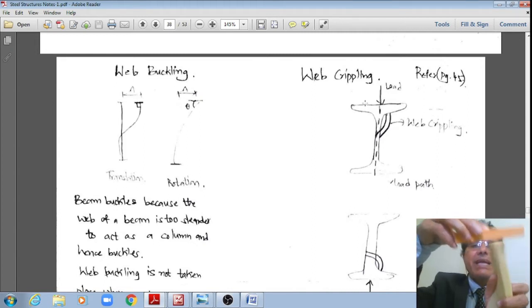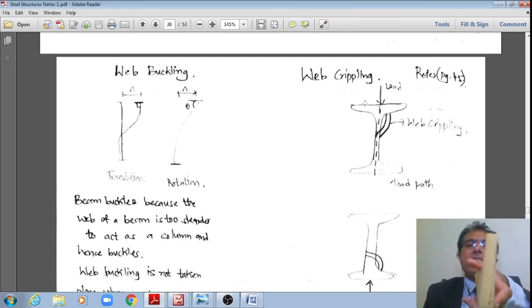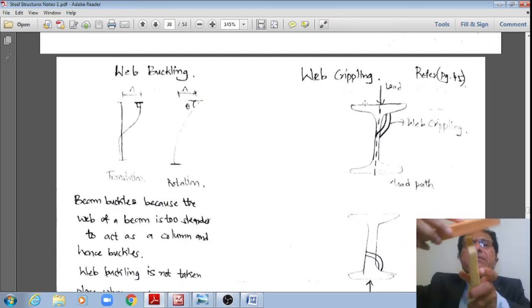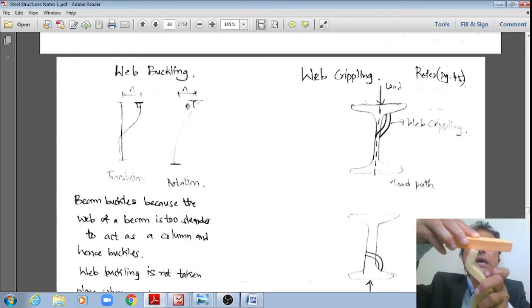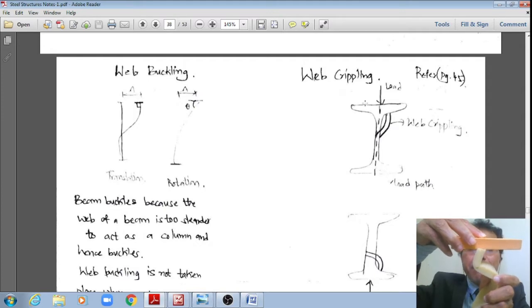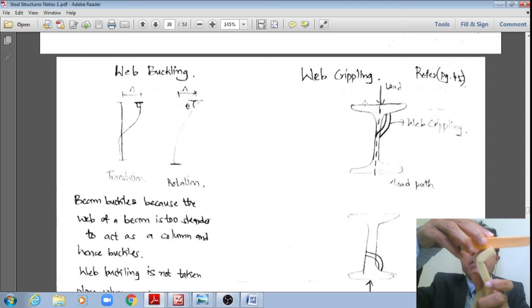Now the bearing area of the web at the intersection of the flange with the web is less, therefore it is unable to bear that load. The web is crippling, right? Therefore, this is what is called the web crippling failure.